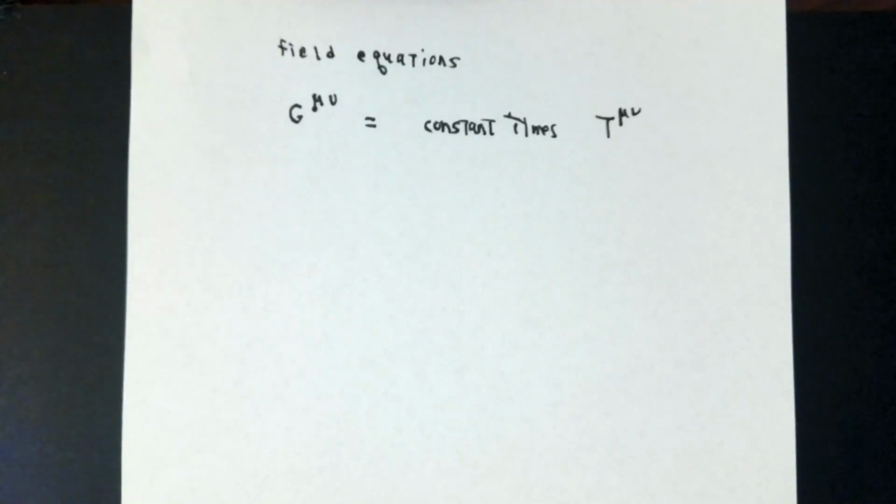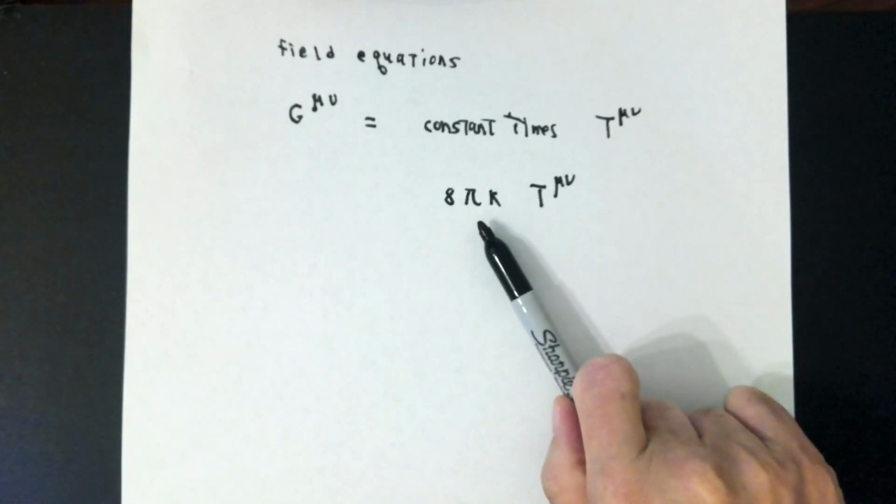During our discussion of the weak field case, though, we decided to write the number on the right-hand side in a certain particular way. In the weak field approximation, we figured out that Poisson's equation, Laplacian of the potential equals 4 pi Newton's constant times mass density, required us to put a factor of 8 pi here.